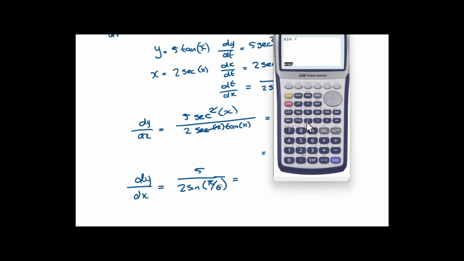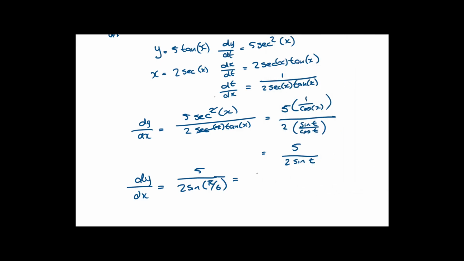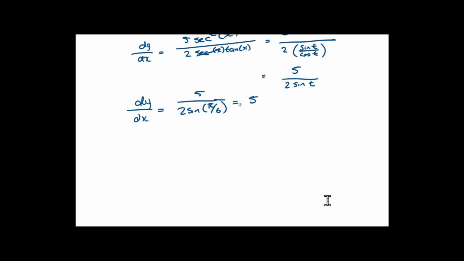If I remember correctly, yes, half. So it's going to be 5 over 2 times a half, which is 1. So 5 over 1 is 5. All right, so now we've got enough to find the equation of this tangent. So we know that the gradient is 5, and it goes through the point.